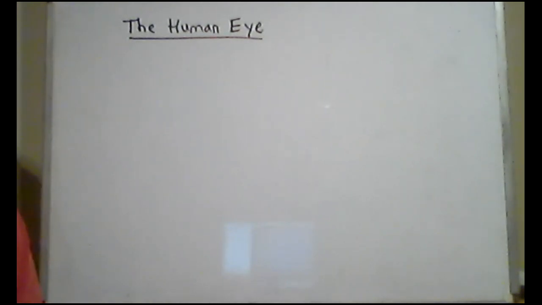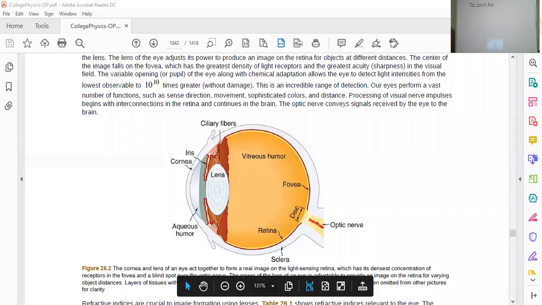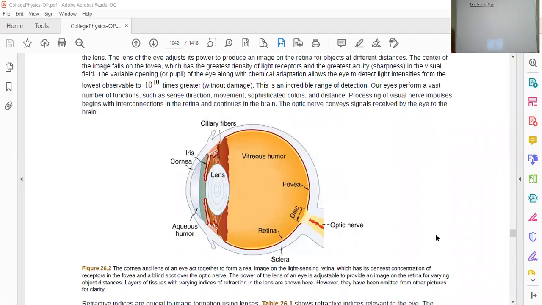So we're going to start seeing chapter 26. Geometrical optics is covered in chapters 25 and 26 in Cutnell and Johnson, but in a different way. There is a section on the human eye and optical instruments in Cutnell and Johnson, but I think it's important to talk about it here.